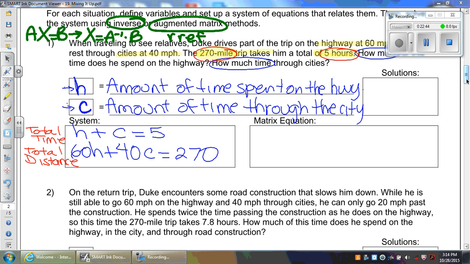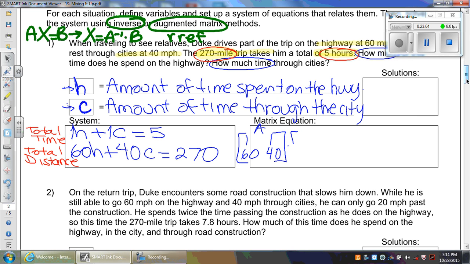So, okay, we create the coefficient matrix, which is going to be, we take the coefficients here, a 1 and a 1. Then we take the coefficients of the second equation, 60 and 40.